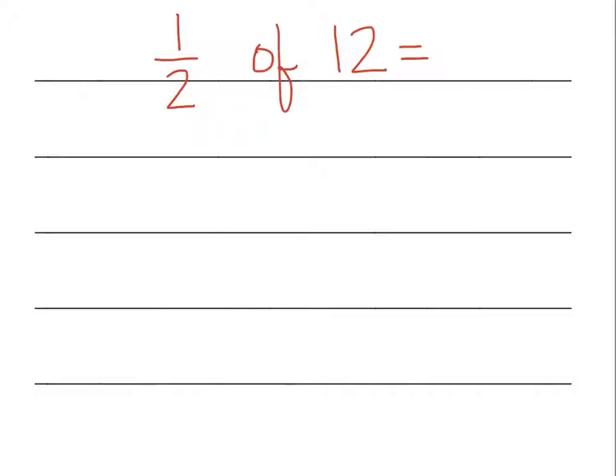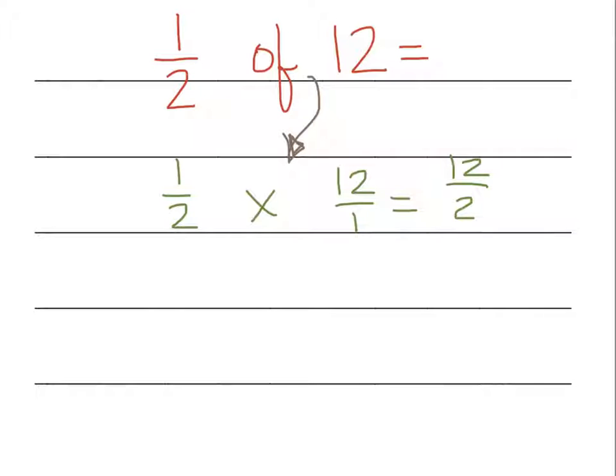Hopefully you remembered it would be 1/2 of 12, and we put the 12 over the 1 because we're turning a whole number into a fraction. So we've already done this part where we said that when you see the of, you know it means multiplication. So if we said 1/2 of 12, we would then multiply. 1 times 12 is 12. 2 times 1 is 2.